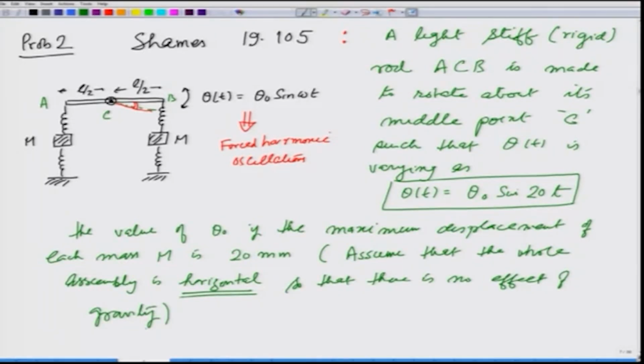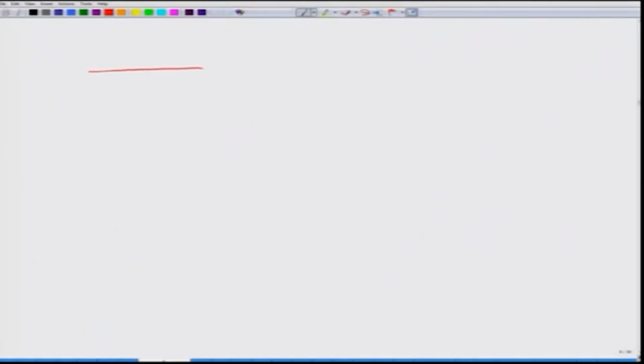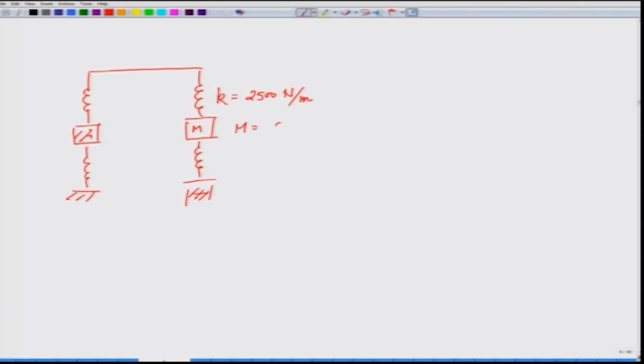So, let us see what is happening. What is happening is, here is the beam, here are these masses, you are given the constant K to be 2500 newtons per meter for each spring, and the mass m is given to be 3 kilogram.